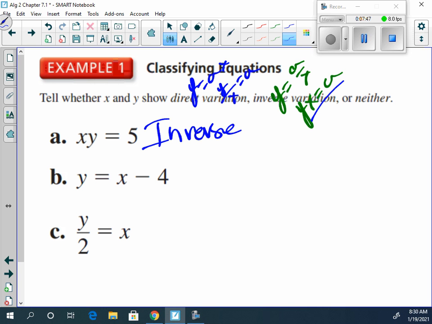I could rewrite that, because we could divide both sides by x and get it in this form here. Or it matches up with our x times y, or y times x, equals a, equals a number. So, how about the second one? Letter B. y equals x minus 4.